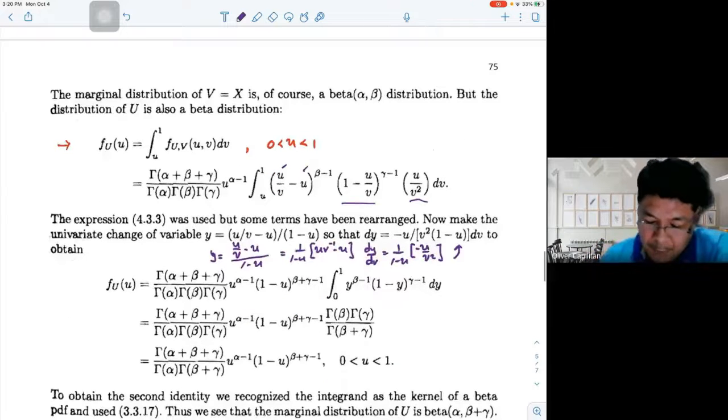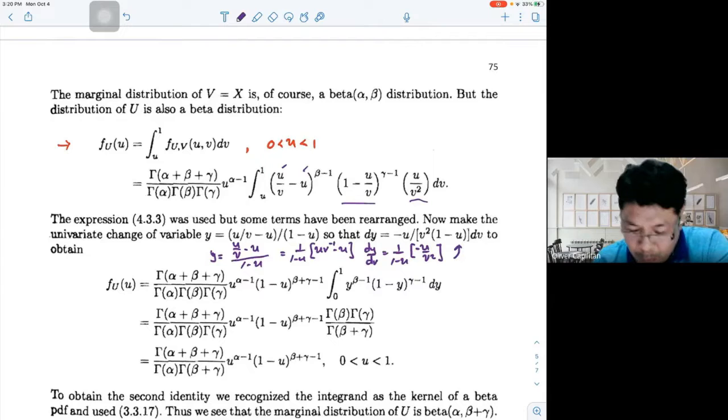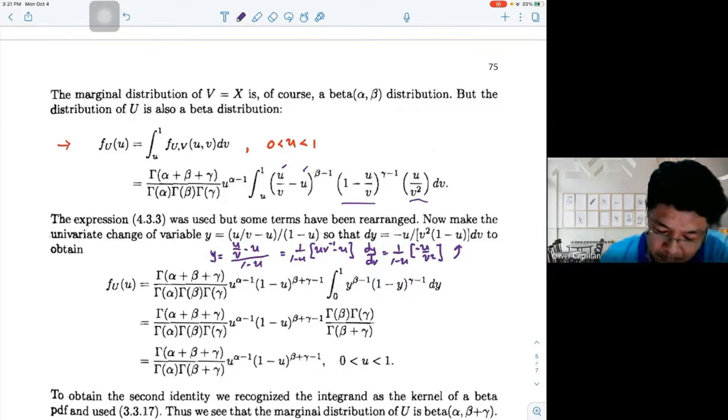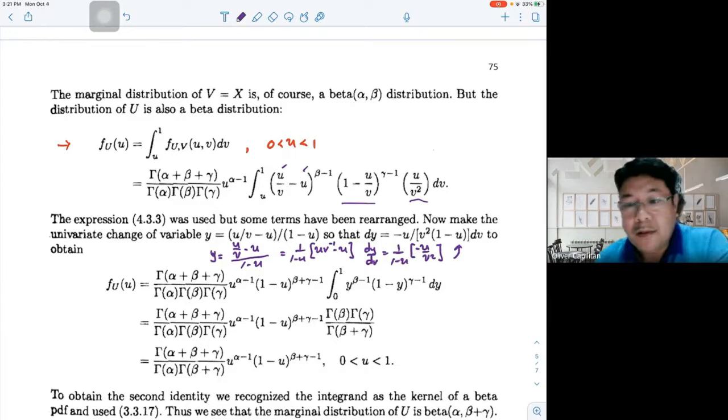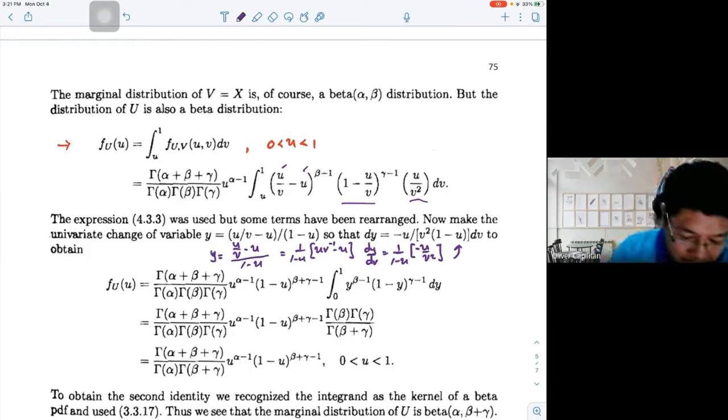Again, if we let v be equal to u, then the value of y is 1.